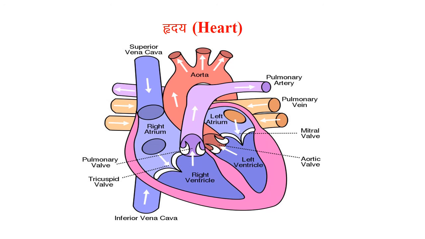The right ventricle pumps impure blood into the pulmonary aorta, which conducts it into the lungs for oxygenation by the pulmonary arteries. After it becomes oxygenated, it returns to the left auricle through the pulmonary veins.